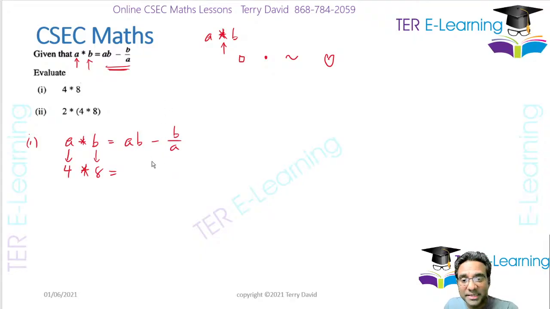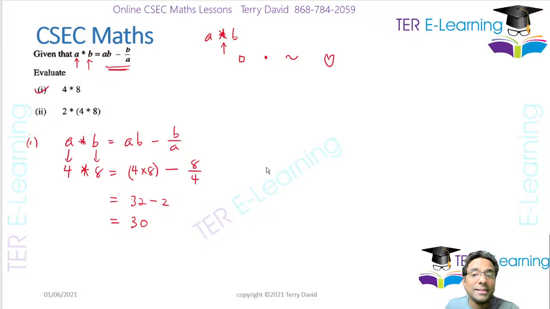So AB is the same as saying 4 multiplied by 8 minus B over A. So it's going to be 8 divided by 4. So 8 by 4 is 32. And then 8 divided by 4 is going to give me 2. So therefore my answer is 30. So that's the answer for part 1. 4 star 8 is equal to 30.